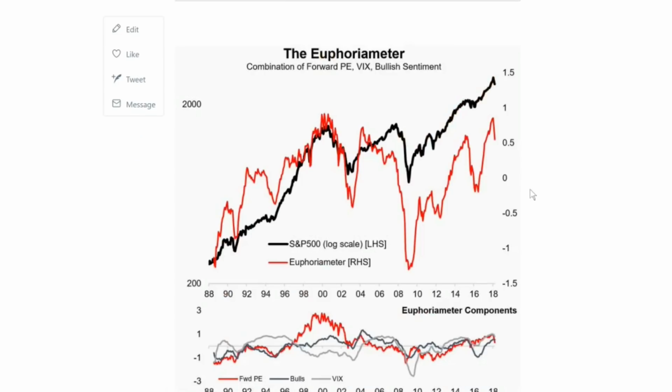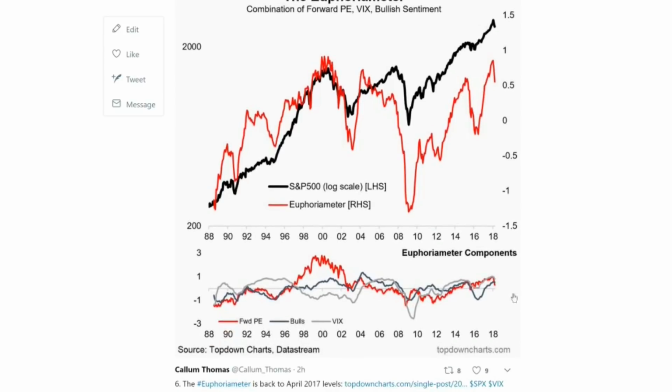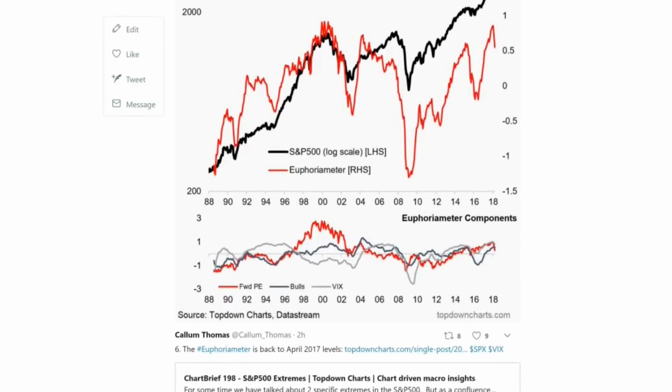And on a very similar note, this one is called the Euphoria meter, and this is my own. It's made up of three ingredients below: the forward PE ratio, composite bullish sentiment from the investor sentiment surveys, AAII and the II ones, and smoothed VIX.